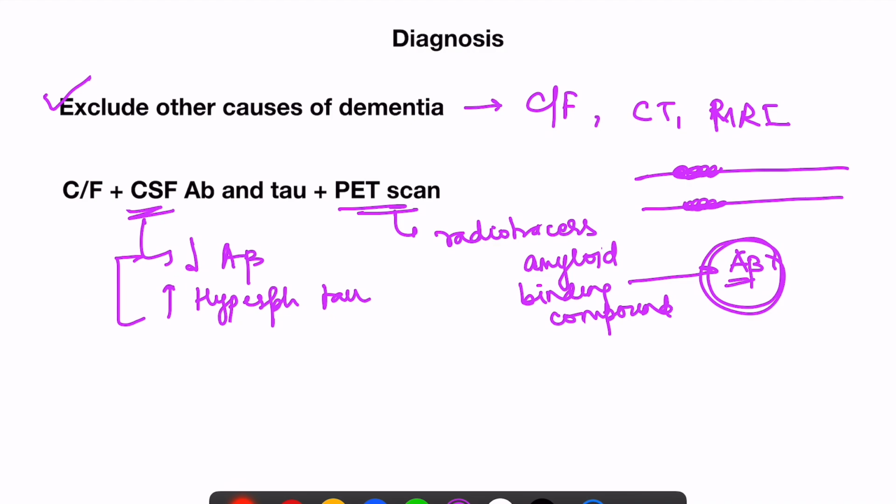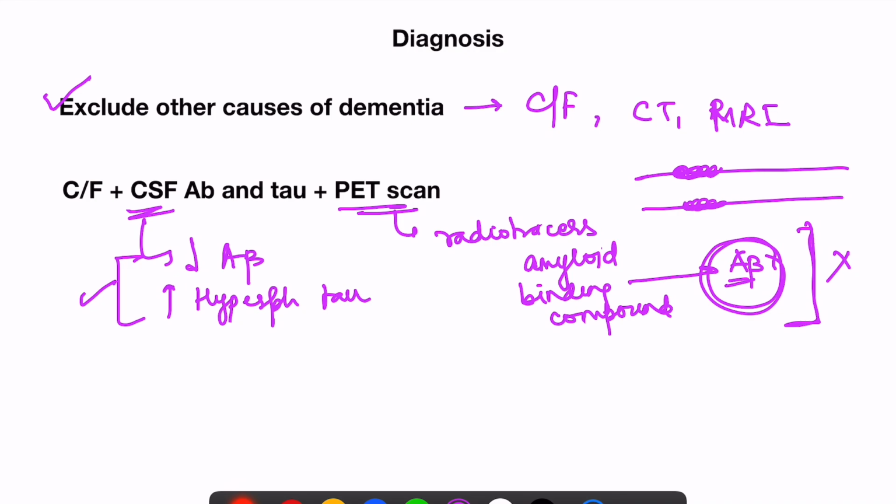So, we have to correlate with the clinical features, how it is happening, with the other features seen in CT, MRI, and the CSF features to make the clinical judgment. On the other hand, if we don't see any A beta protein in the PET scan, that means in that case Alzheimer disease is unlikely, isn't it? So that is the diagnosis.